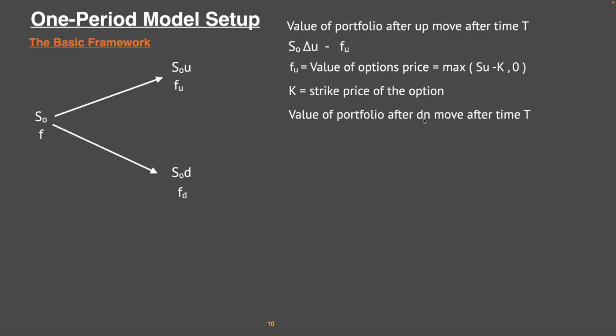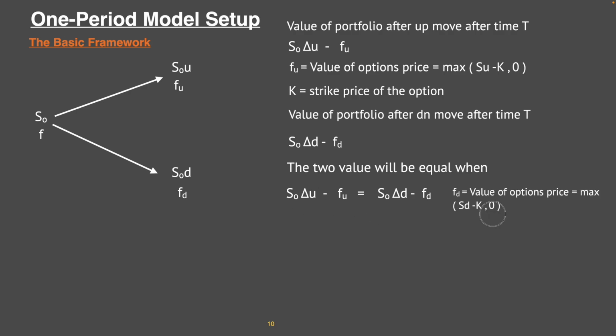So the value of the portfolio after the down move after time t is similarly S0 into delta into D minus FD. The two values will be equal, when S0 delta U minus Fu equals S0 delta D minus FD, because the chances of moving up and moving down are equal probability, as we have taken for now, so they should always be equal.